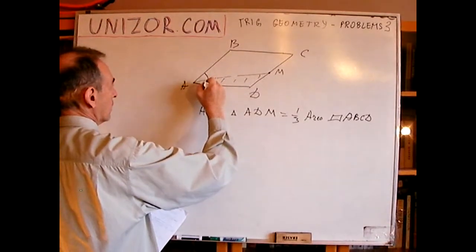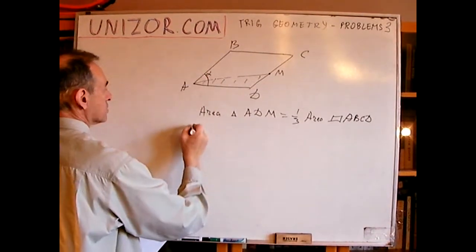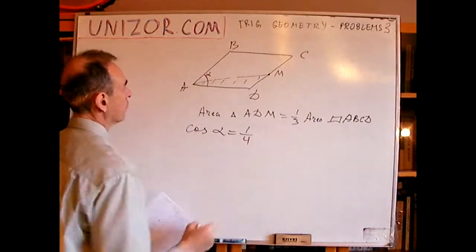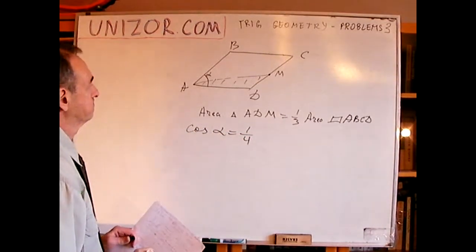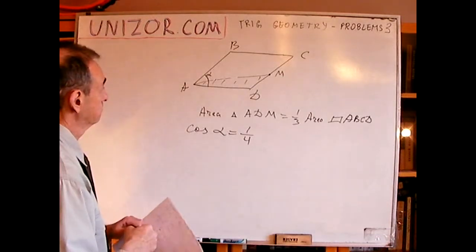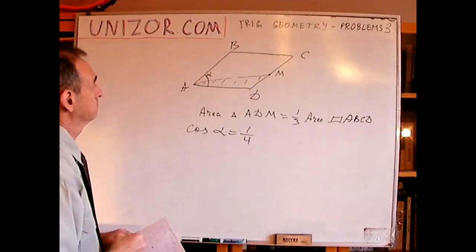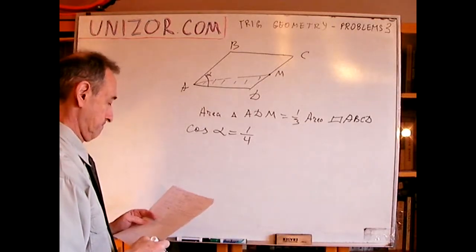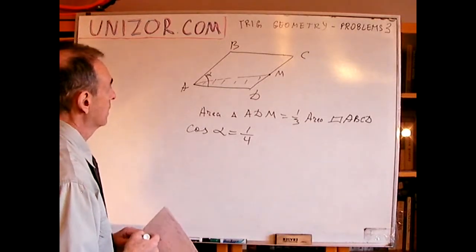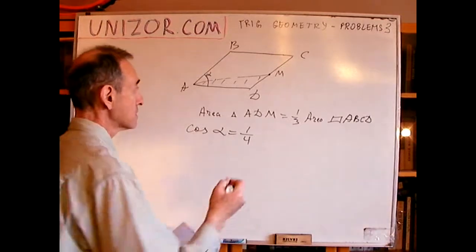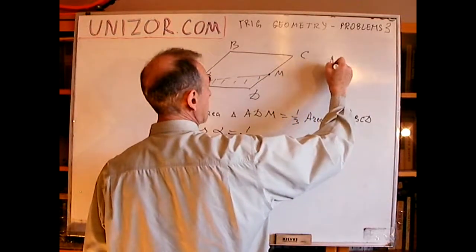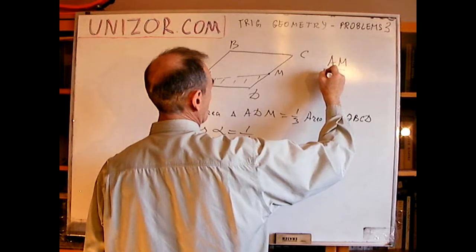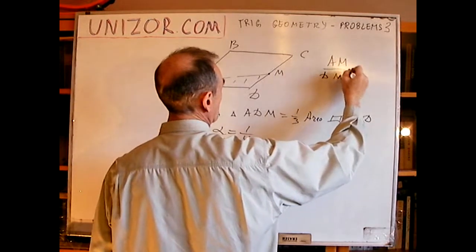Now, what's also known is that the cosine of alpha is equal to 1/4. What we have to prove is that AM divided by BM equals 2.